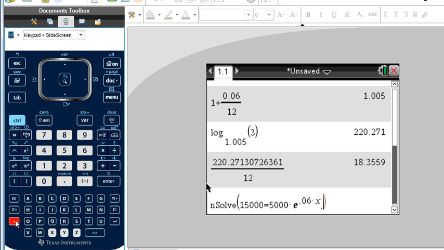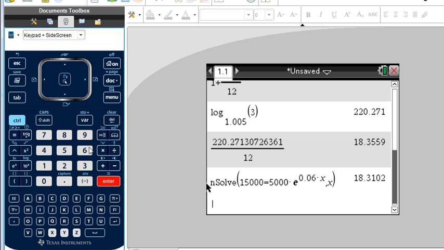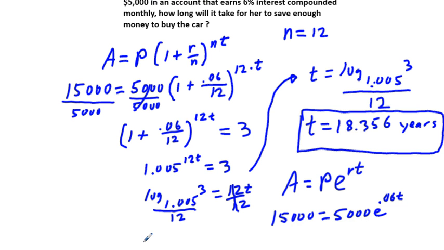We press comma and x, and we get 18.31 years. Okay, so t equals 18.31 years.